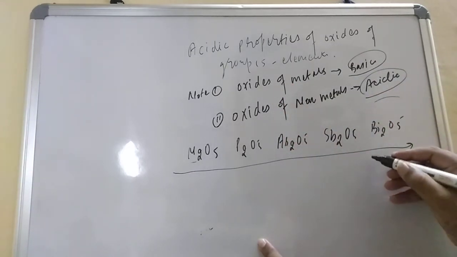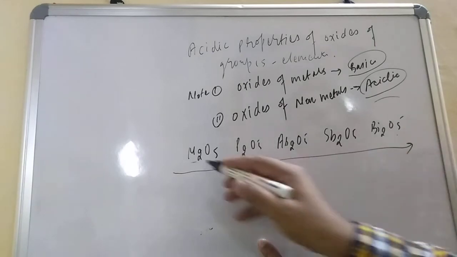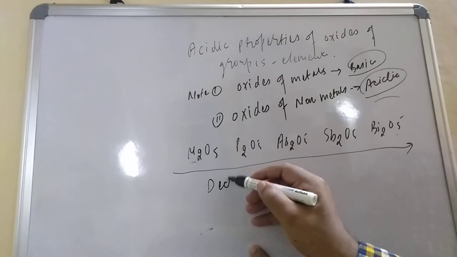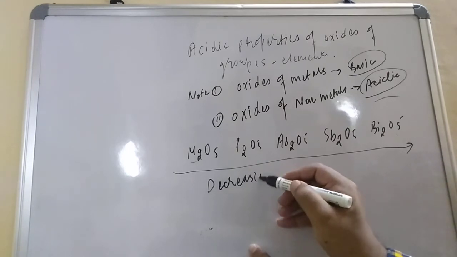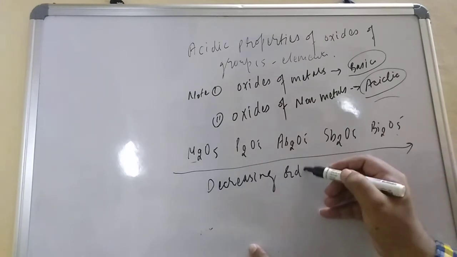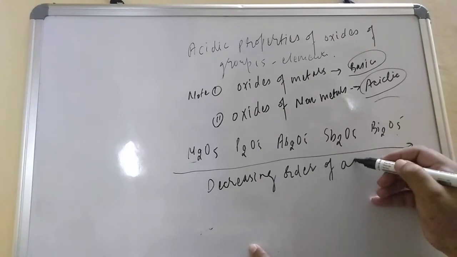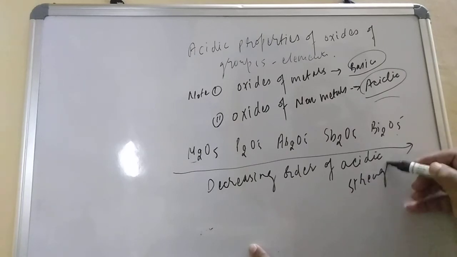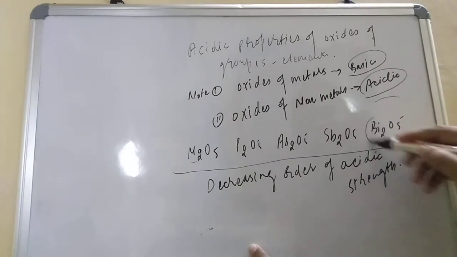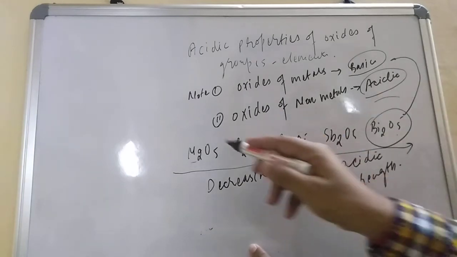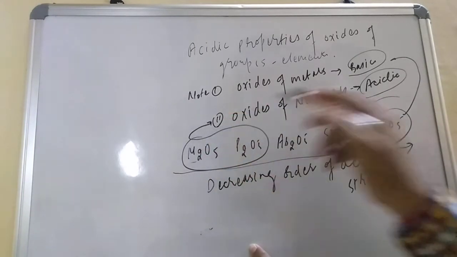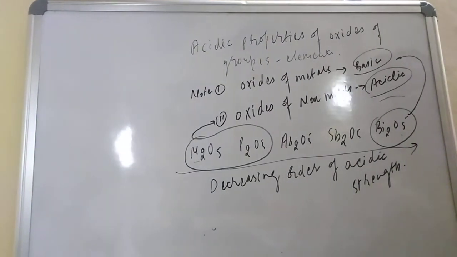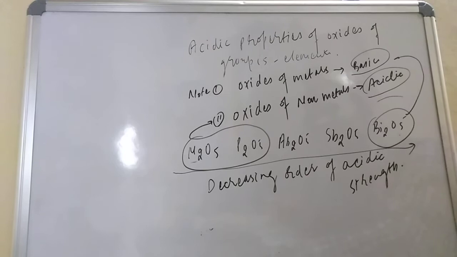Here is the base, here the acid, they are non-metals. So this is the decreasing order of acidic strength. The same rule applies: these are metal oxides, which are basic, and these are non-metal oxides, which are acidic. So when we move down the group, the acidic strength decreases.